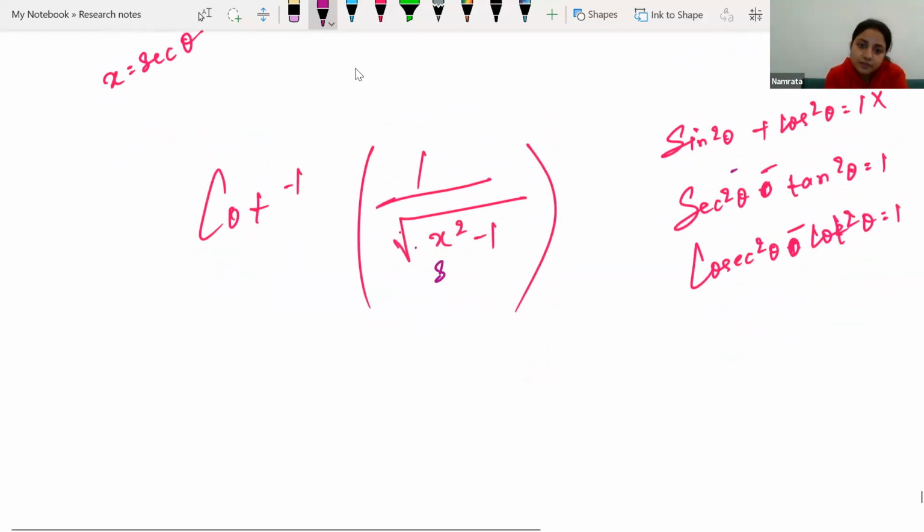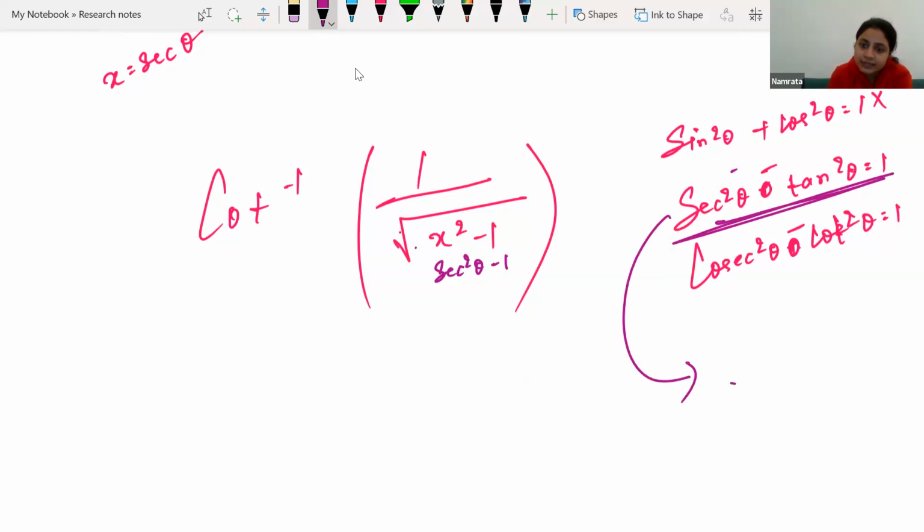So sec square theta minus 1. From here we can see sec square theta minus 1 is tan square theta. So maybe it seems like it will work over here. Let's see. x is sec theta.